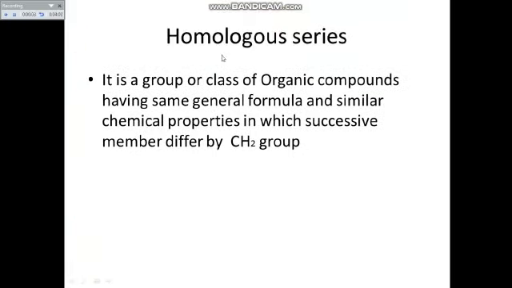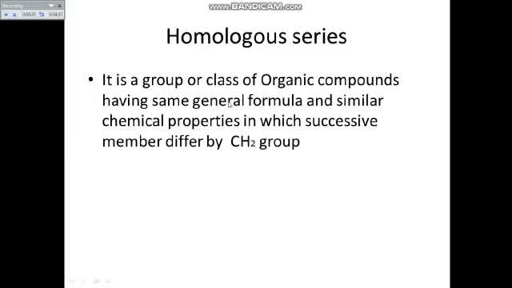homologous series. First we must know about homologous series. It is a group or class of organic compounds having the same general formula and similar chemical properties, in which successive members differ by a CH2 group. So homologous series is nothing but a group or class of organic compounds.